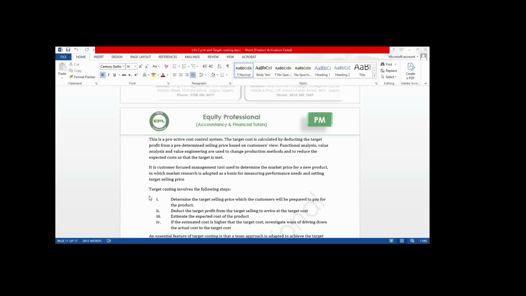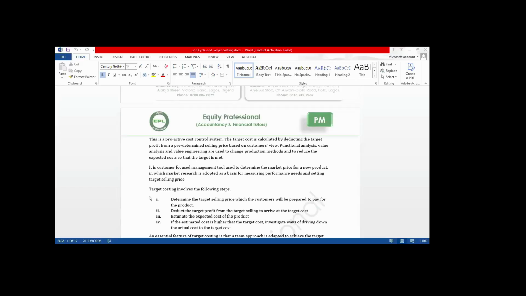Through the market survey, the company will establish a selling price for the product. As at this point, the product has not been produced. The company will establish a selling price prior to the production of the product.